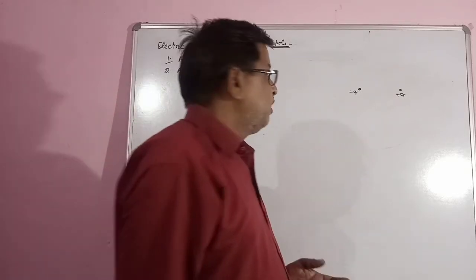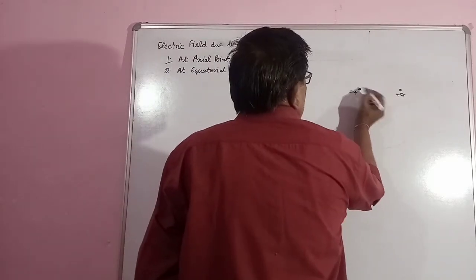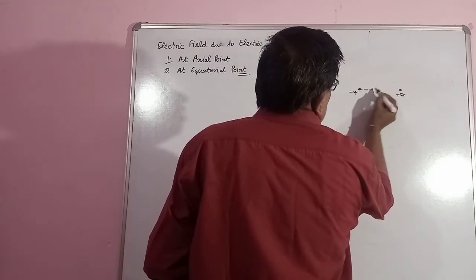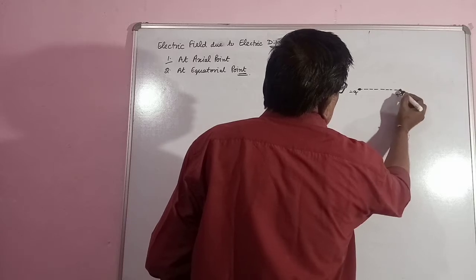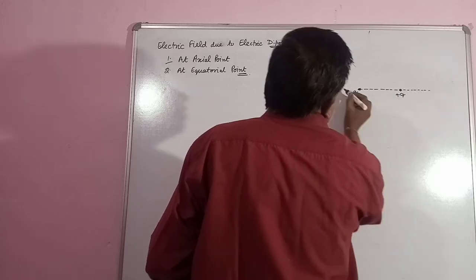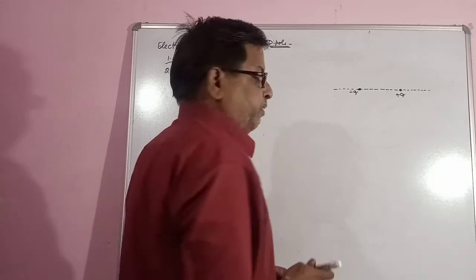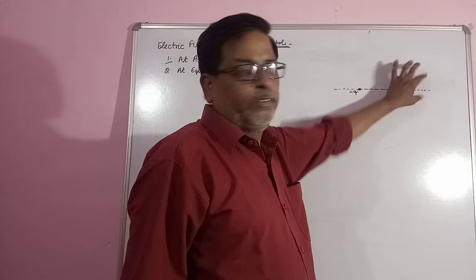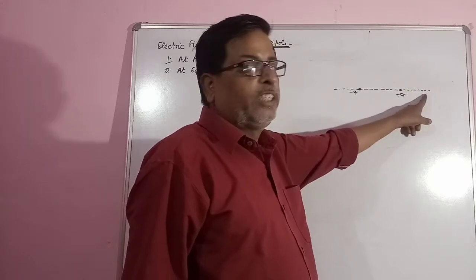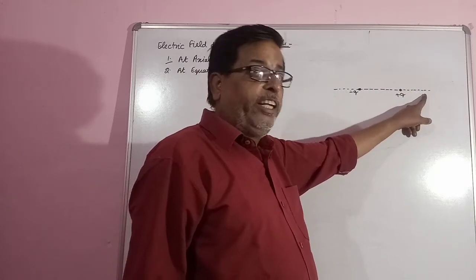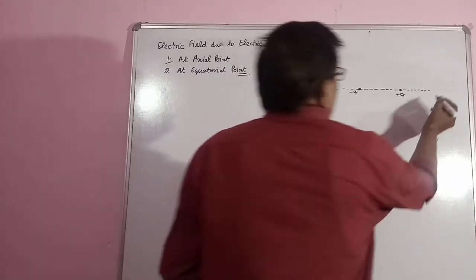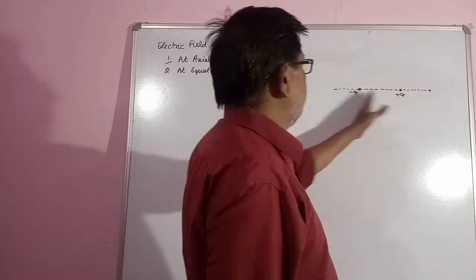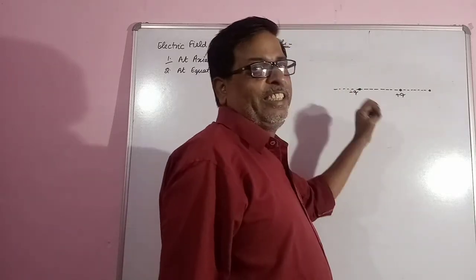So you may recall, the line passing through both the charges is called the axial line, and the point which is placed on this line, maybe here, maybe here, maybe here, on this axial line.